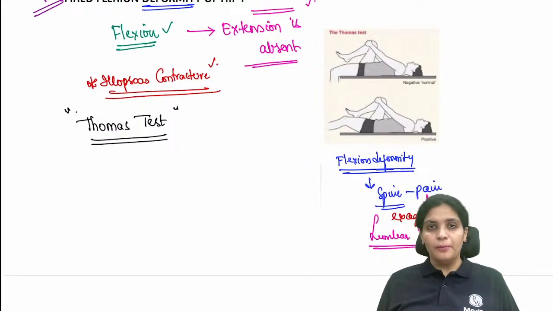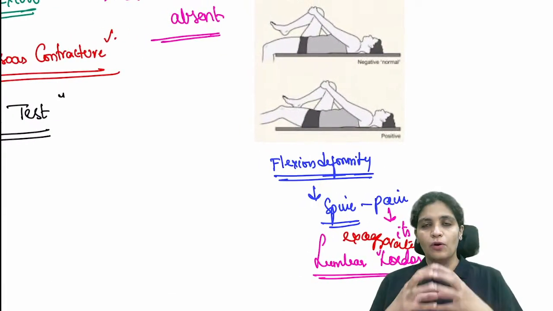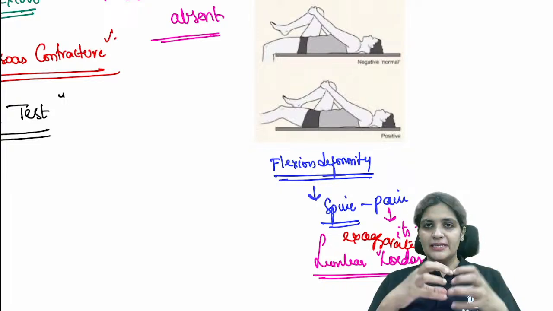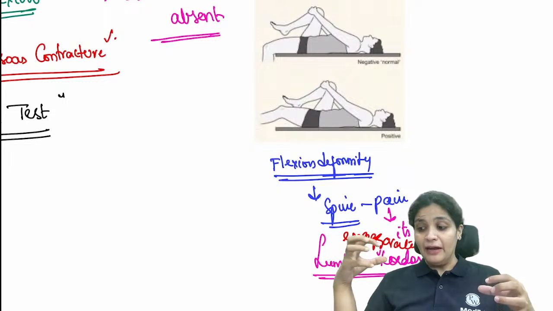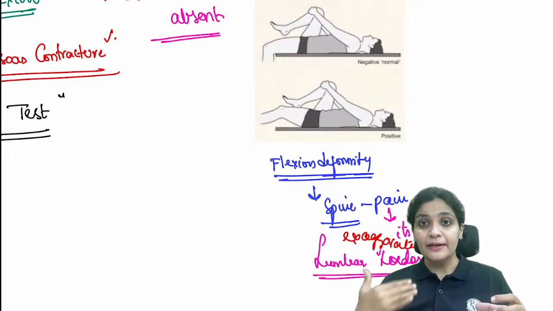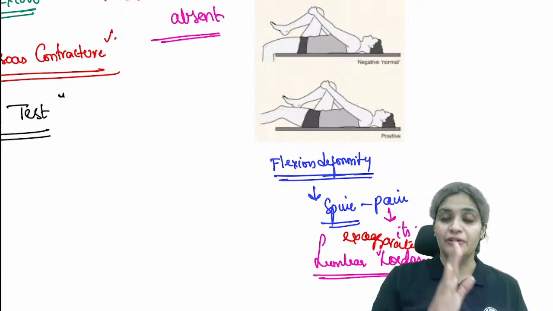So now there is a problem in the hip joint and the patient is unable to walk properly, right? Now the iliopsoas is attached to the hip and you know it is attached to the lumbar vertebrae also. So there will be an exaggerated lumbar lordosis just to compensate for your flexion deformity.